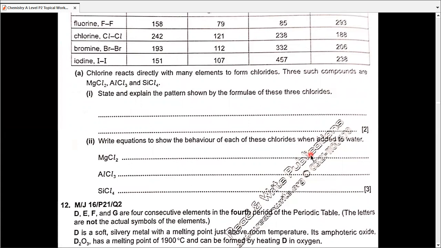Okay, so remember that for ionic compounds, they simply tend to dissolve in water if they are soluble, of course. But for covalent compounds, what happens is that they are going to form some other compound or probably give some ions out of it. And in the case of covalent compounds, they usually give some ions that are acidic.